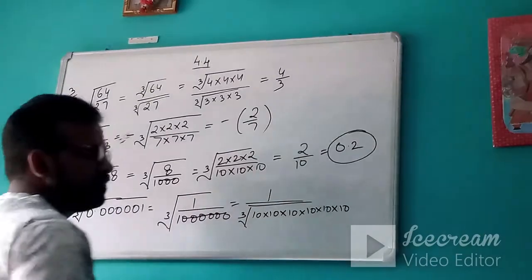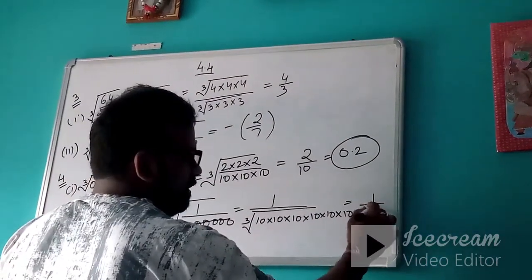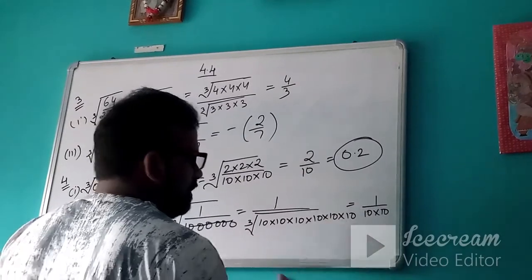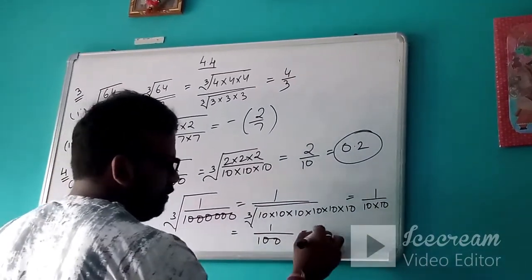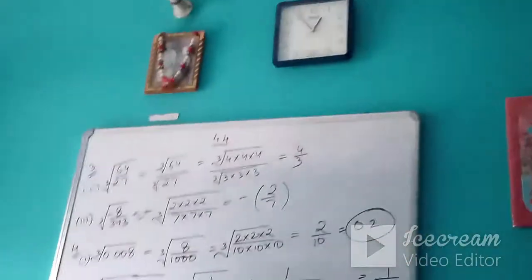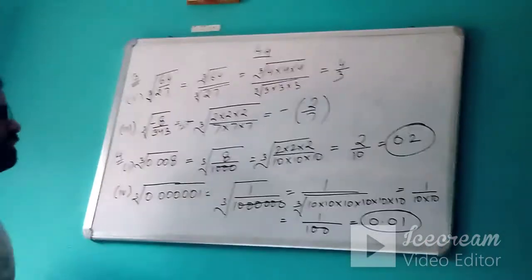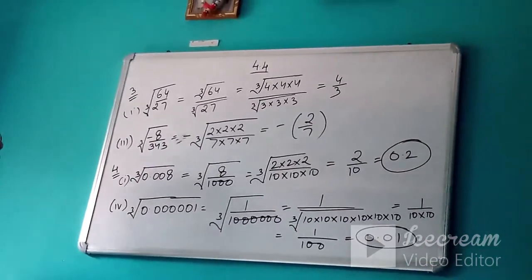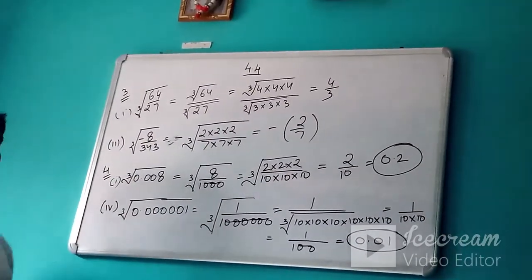So what will your answer be? 1 upon 10 into 10, then it will be 1 upon 100, or you can write 0.01. In this manner you can find the cube and cube root of rational numbers, as well as the cube and cube root of decimal numbers.